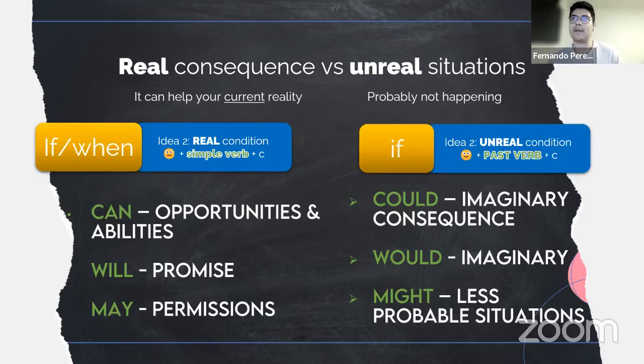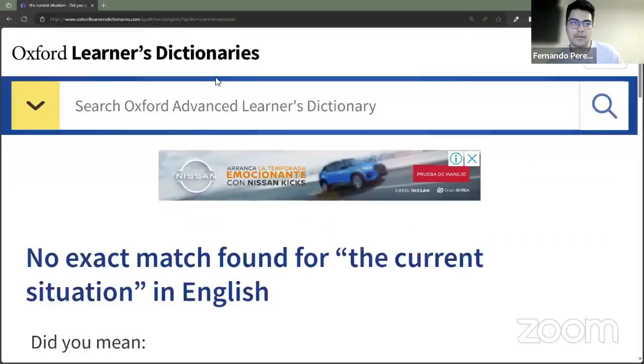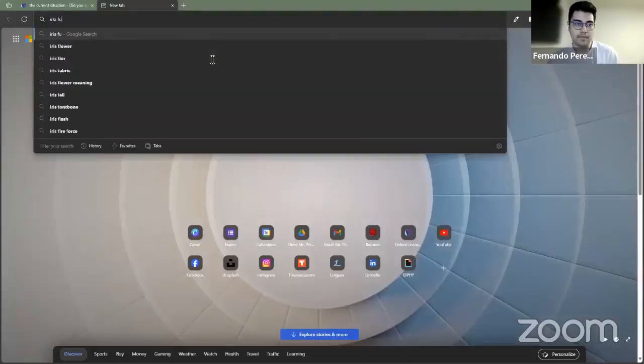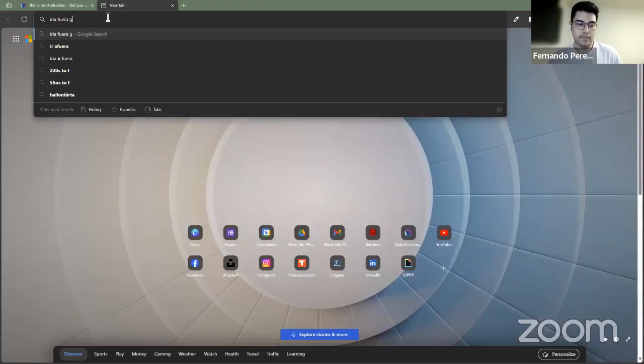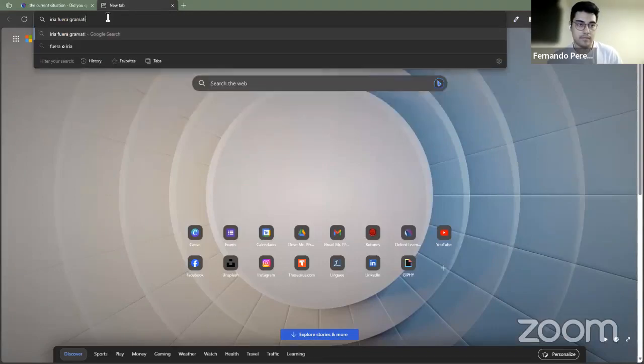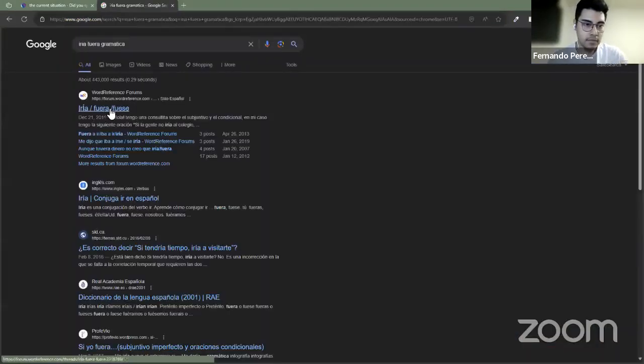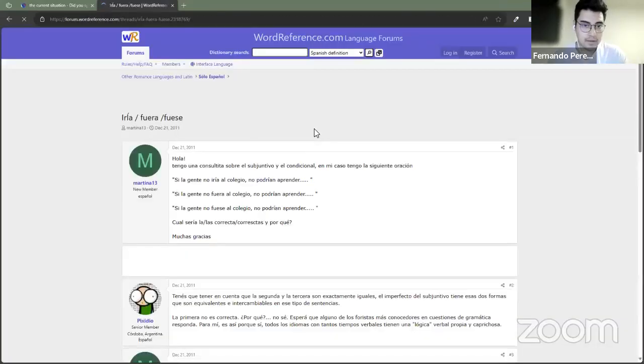Esos irías y fueras gramaticalmente son pasados, pretéritos y copretéritos, creo que se llama, una cosa así. Let me check. Iría, fuera y fuese.